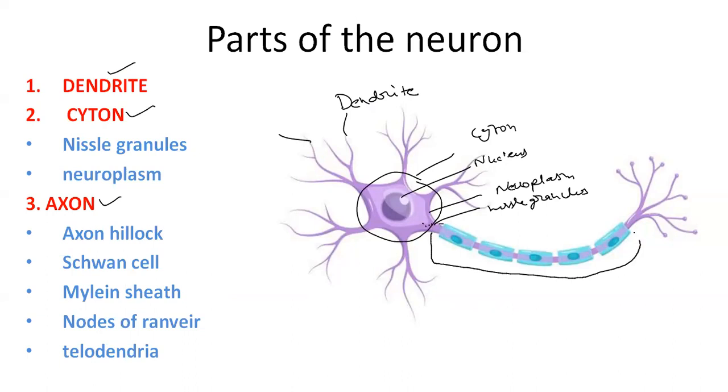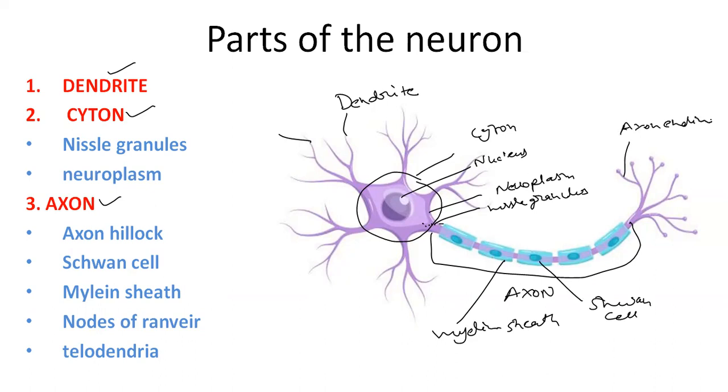This branch is the axon. The axon has Schwann cells, and Schwann cells secrete this myelin sheath. This is the axon ending, and this knob-like structure is telodendria. So this is about the parts of the neuron.